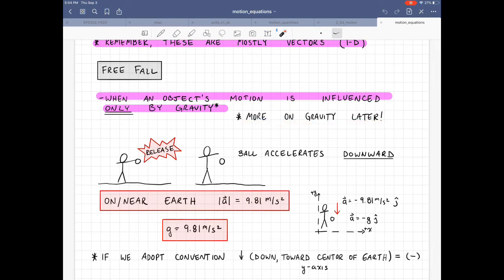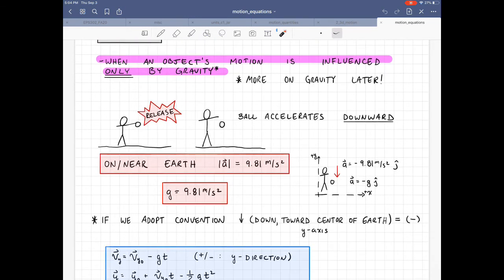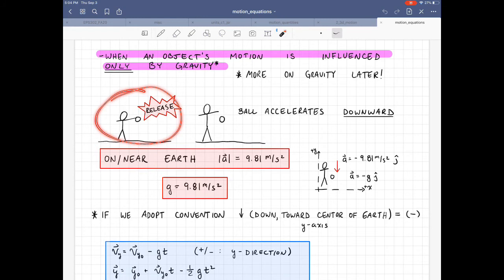That's coming in future chapters. But just know the acceleration of an object in free fall is entirely determined by gravity. Here I've got this wonderful drawing. I'm holding a ball. I release the ball, and the ball accelerates downwards towards the center of the earth. That's a result of the force of gravity.